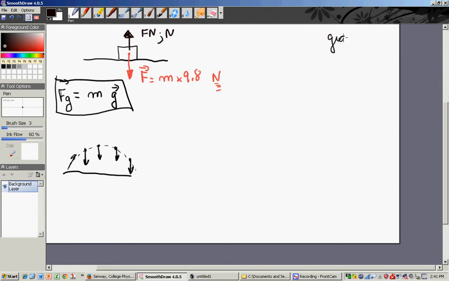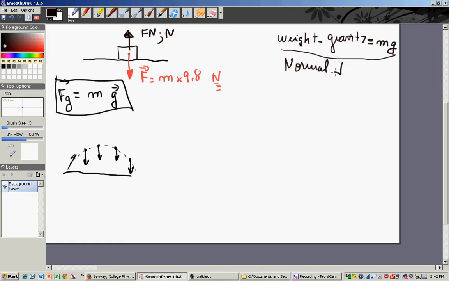So let me write down the forces we are learning here. One is gravity, or the weight of the body. And gravity or the weight has an absolute value, mg. The second force is normal force.